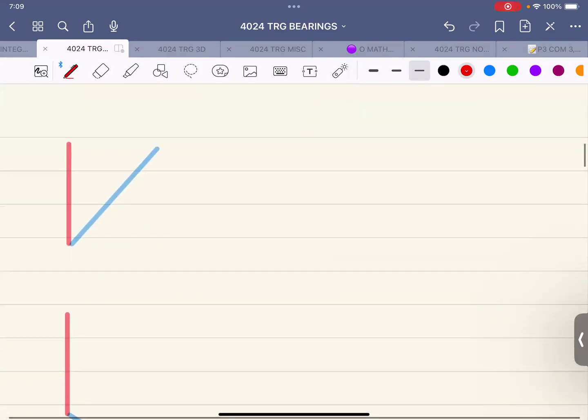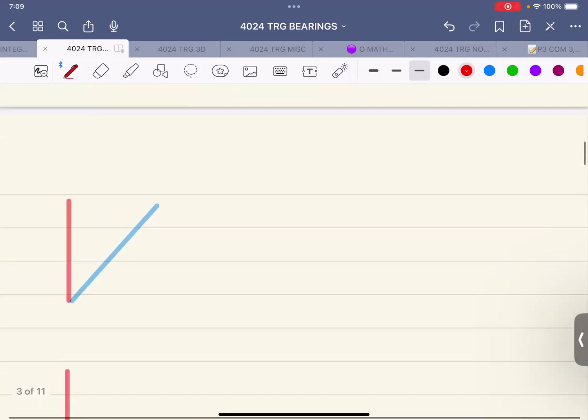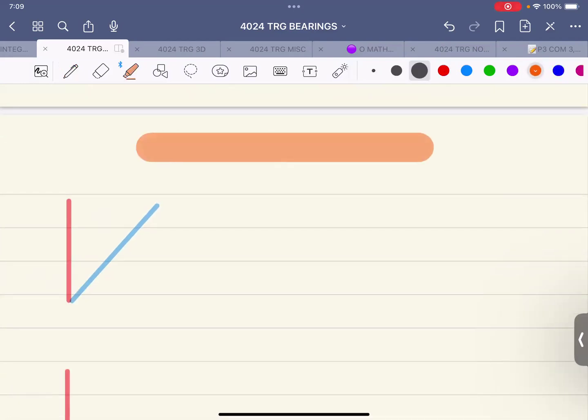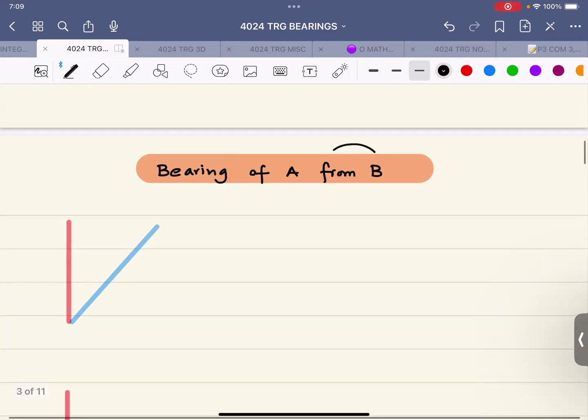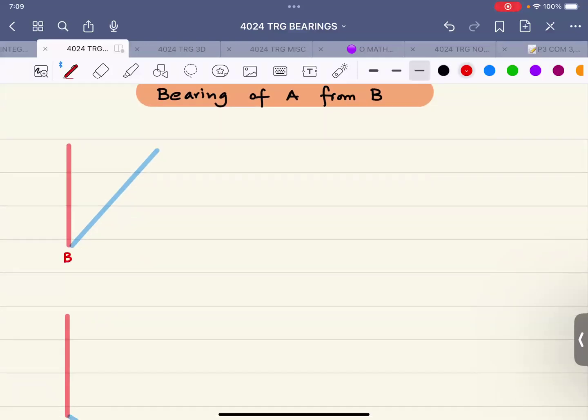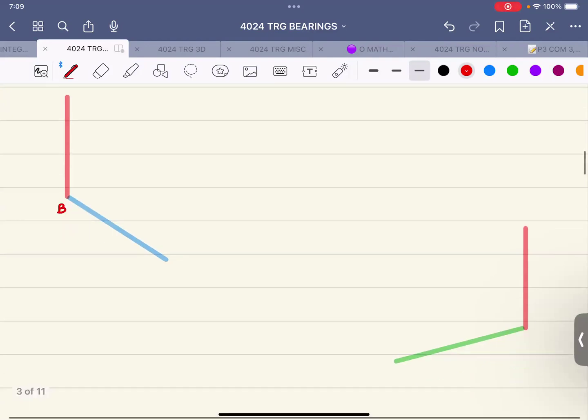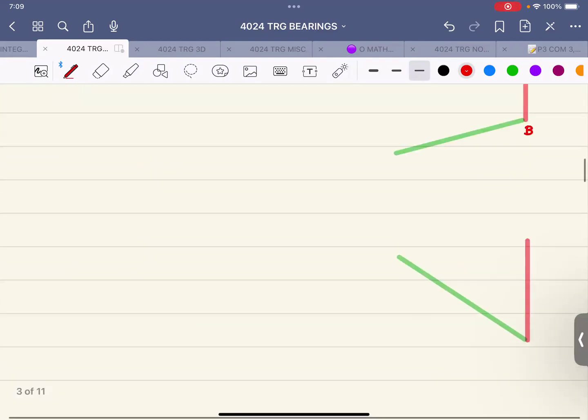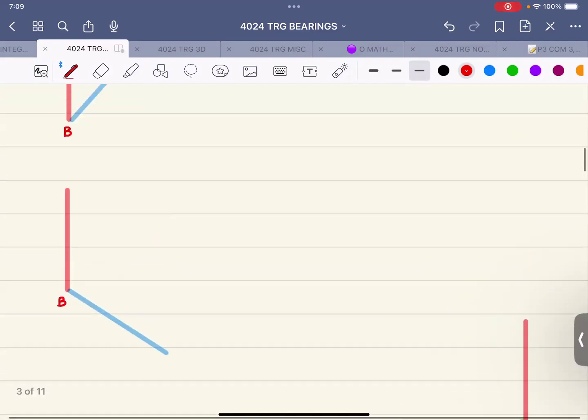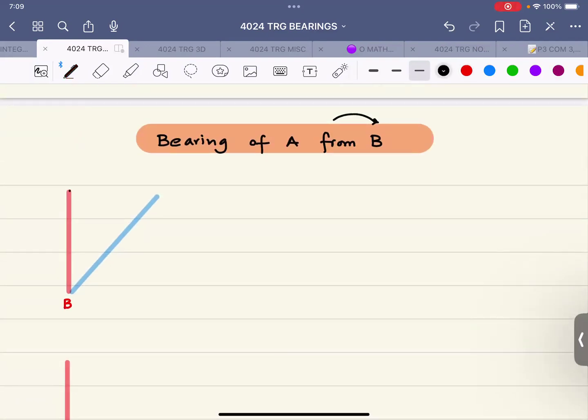Let's look at this diagram. First of all, let me write at the top of the page, we are interested in finding the bearing of A from B. So first of all, it's from B. So let me label this point as B, and this point is B, this point is B, and this point is B, because already I have drawn a north axis there.